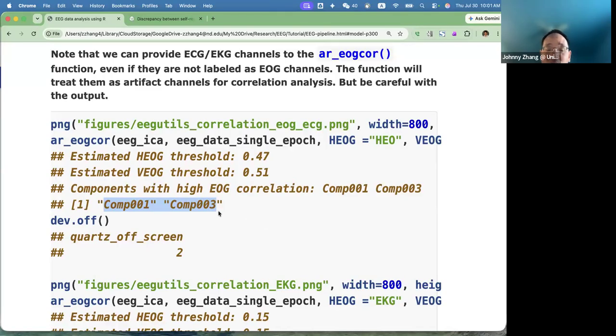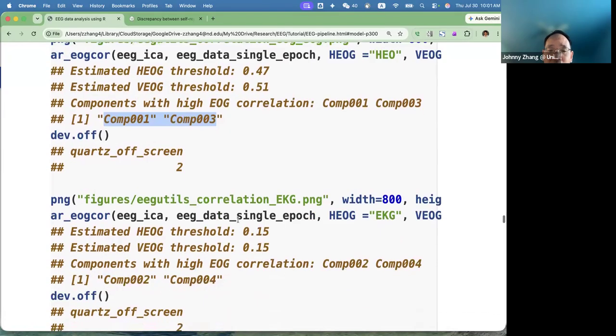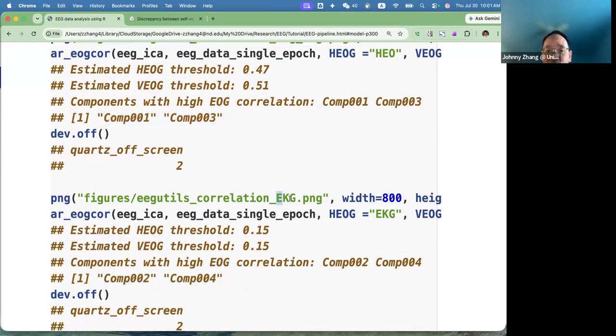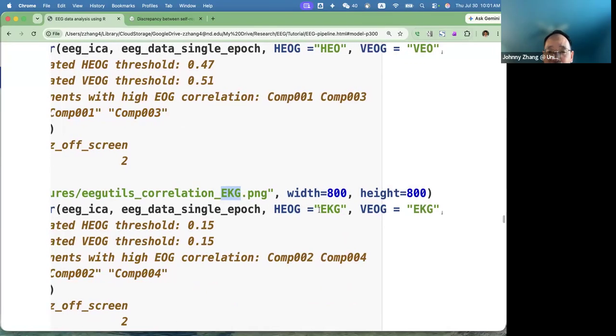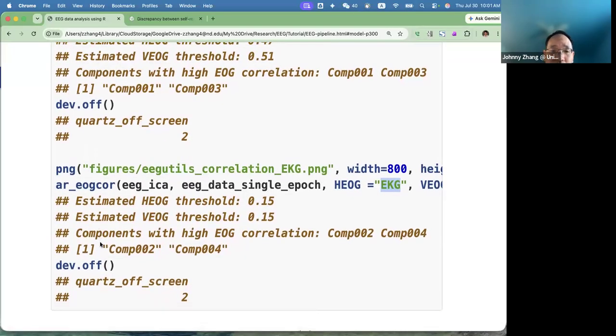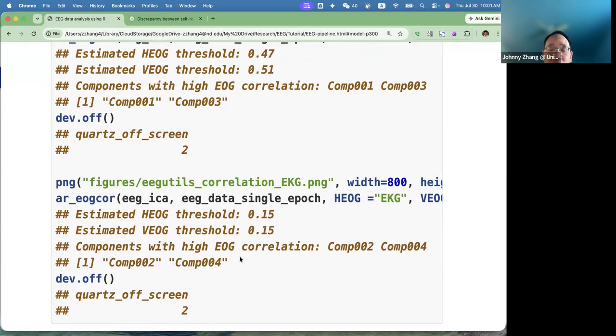So in this case, those components are probably artifacts related to eye movements. Similarly, we can look at the components related to heartbeats. We found that component 2 and component 4 are highly correlated with heart rate. So in this case, components 1 to 4 could be artifacts too.